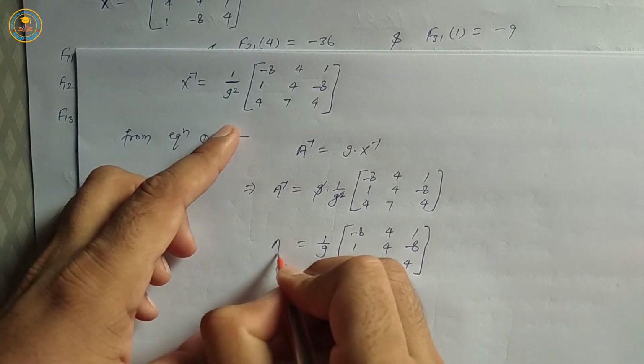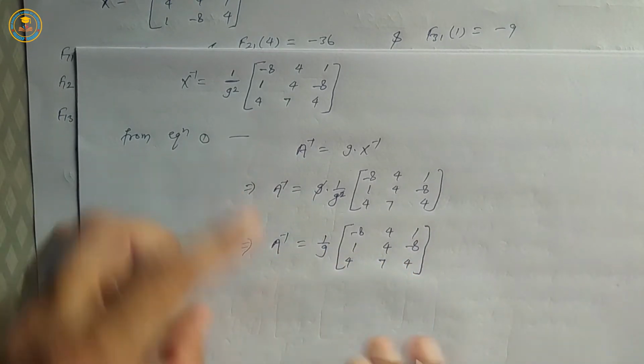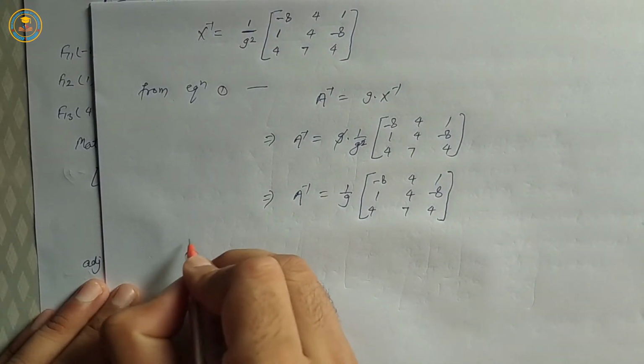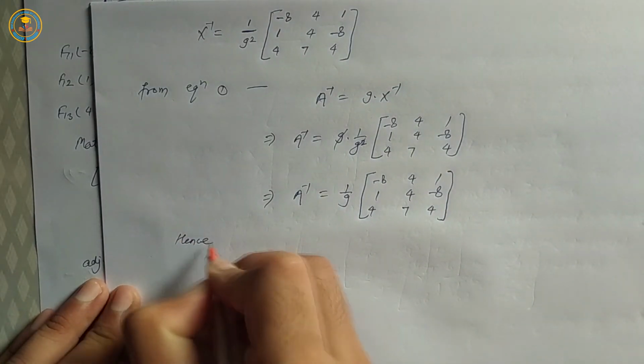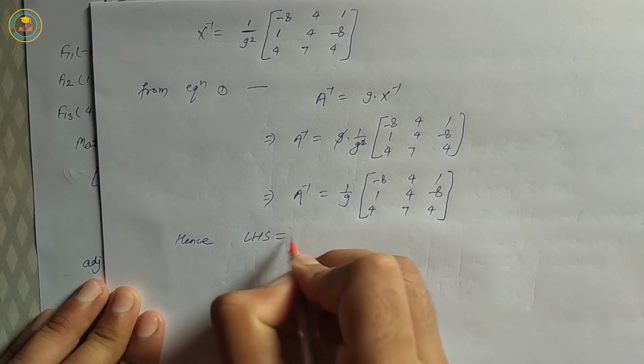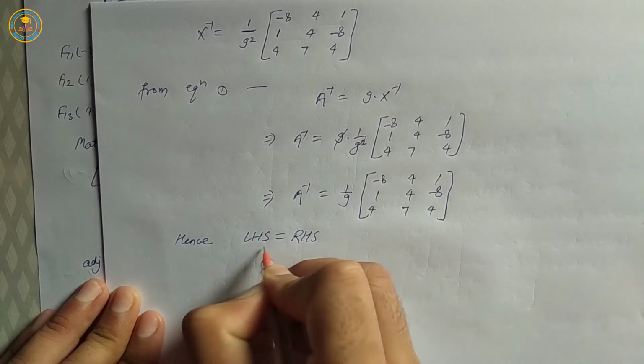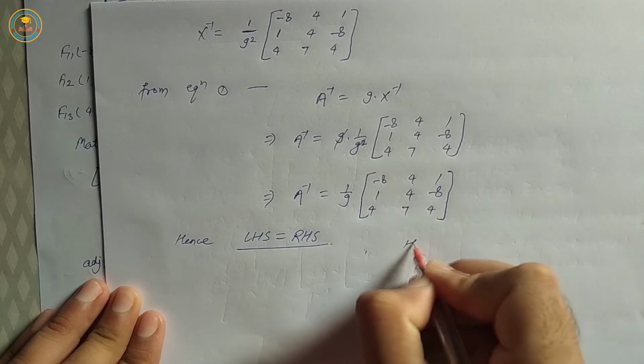Okay, A inverse, left side. Hence LHS is equal to RHS. Hence proved.